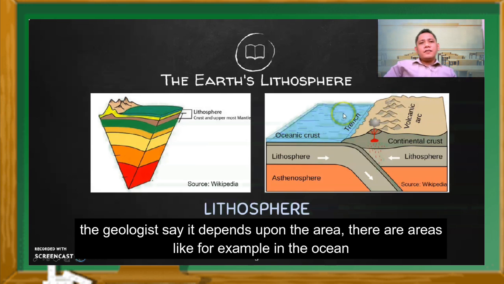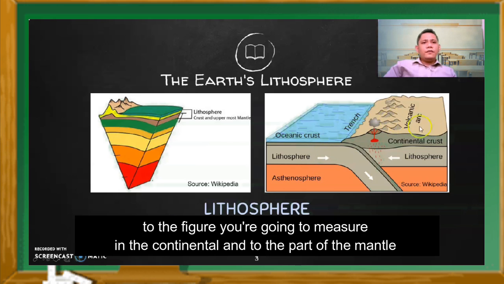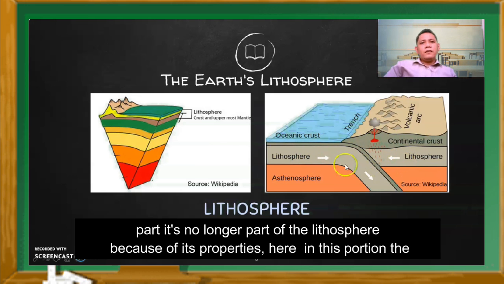For example, in the ocean, it's deep enough so that the measurement from the crust up to the mantle is lower compared to the figure, if you measure the continental part and the part of the mantle which also belongs to the lithosphere. After the 100 kilometers here in the uppermost part, it's no longer part of the lithosphere because of its properties.